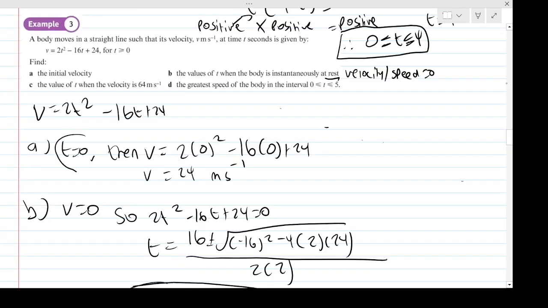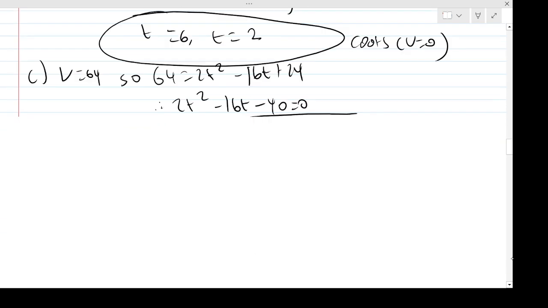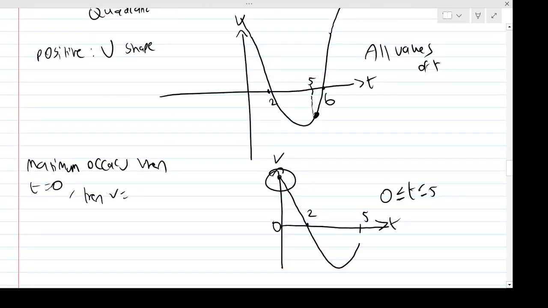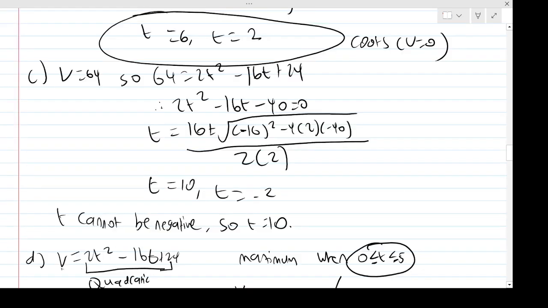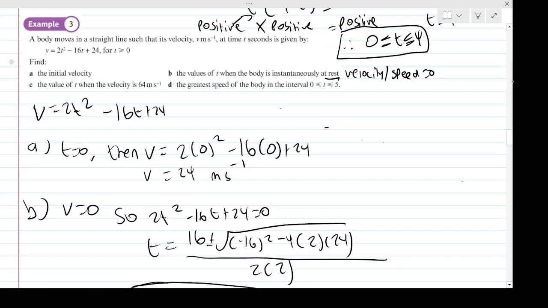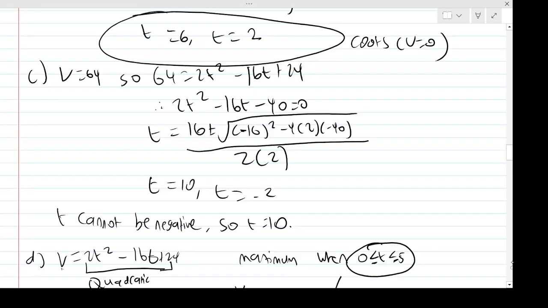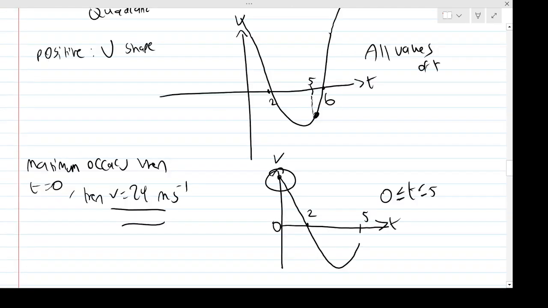Yeah, we set t to 0 in part A. We got 24, right? So if we sub t is 0 into the velocity equation we got, v is 24. So that is my maximum speed, or the greatest speed. Okay, they're the same thing, right? So there we are. So you can do it that way. You can just literally sketch the graph, cut off the graph to only the values you want, and then you can see it visually there. So that has to be 24 there at the maximum, the highest value there.